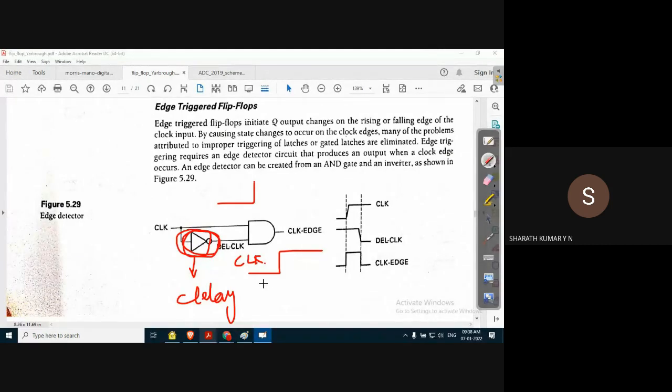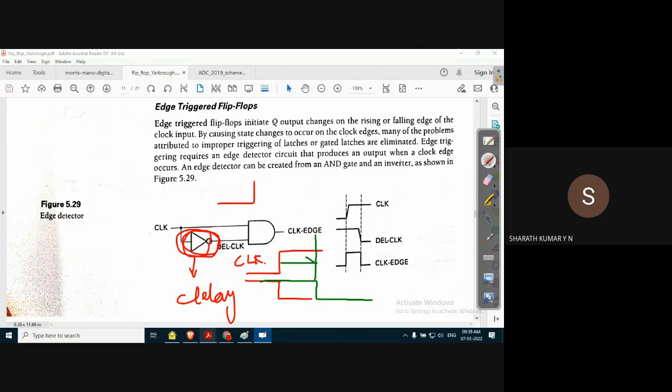What happens is that because of the delay, when the clock pulse was 0, the output of the inverter is logic high. Ideally it should have been like this, theoretically, but practically, because of the delay in the inverter, the output of the inverter is like this.